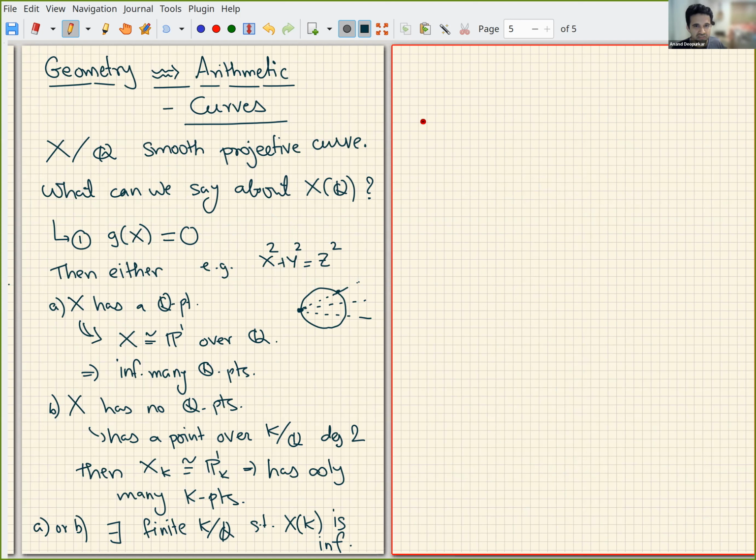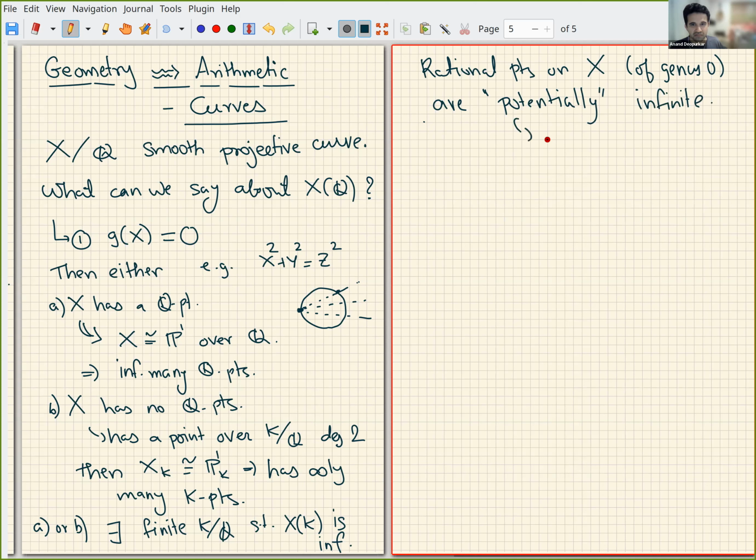So maybe the extension is Q, or maybe it's some finite degree 2 extension, but after a finite extension of the base field, you always get infinitely many rational points. The term used is that rational points on X, which is of genus 0, are potentially infinite. The word potentially here always means that possibly after a finite base extension.